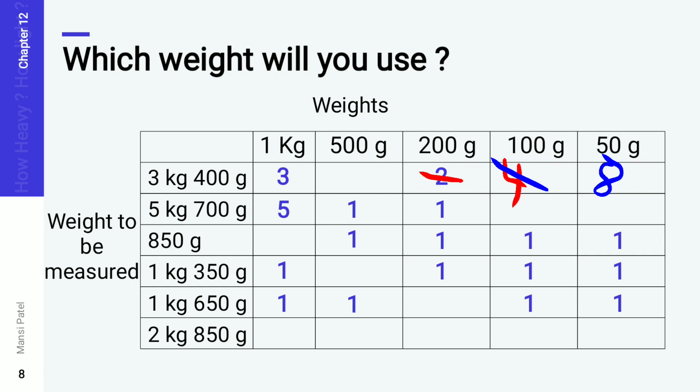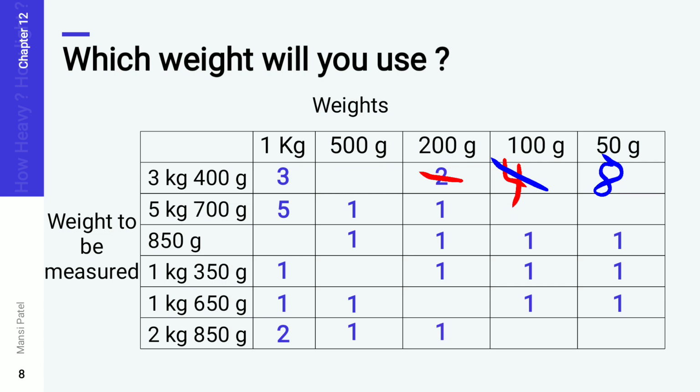Now in the last, you have to make 2 kilogram and 850 gram. To make the 2 kilogram, you use 2 units of 1 kilogram. Then it becomes 2 kg. Now what about the 850? For the 850, you take 1 unit of 500 and another 1 unit of 200.